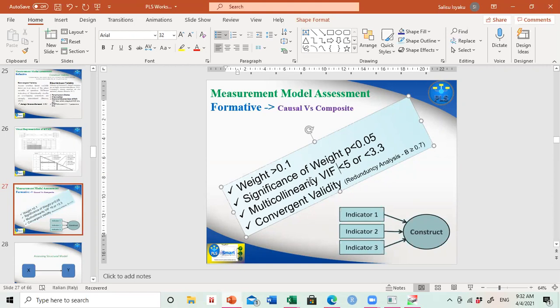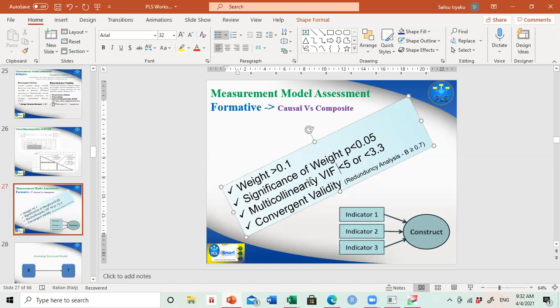Convergent validity in formative is what we call redundancy analysis. And when we run the redundancy analysis, we expect the beta value or the path coefficient to be equal to or greater than 0.7.